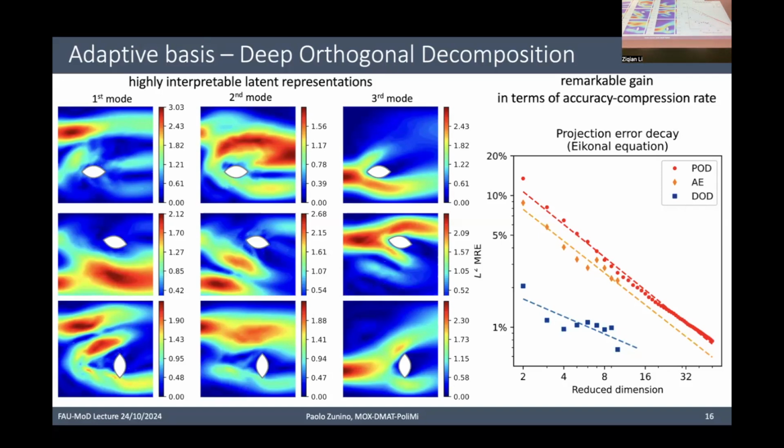And what we see is that with just a handful of these adaptive bases, for example, 2 or 3, we can achieve the same projection error that we would obtain with more than 10 times as many classical proper orthogonal decomposition bases, which are fixed over the whole parameter space. And this performance is even better than the classical nonlinear approximation that we can obtain through an autoencoder.